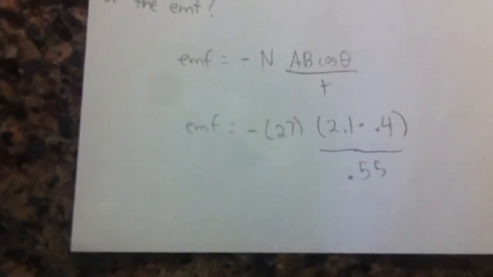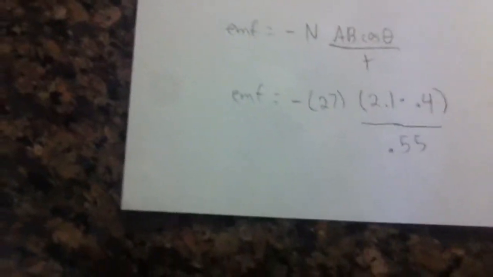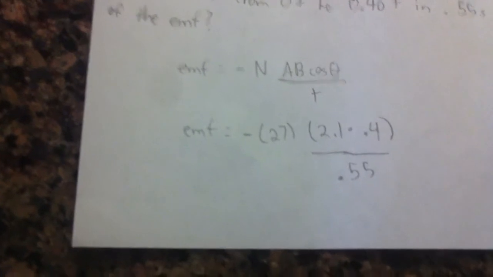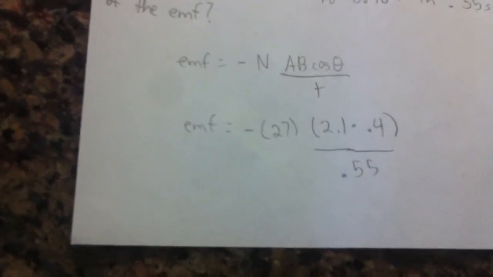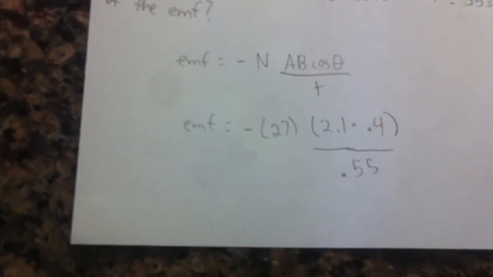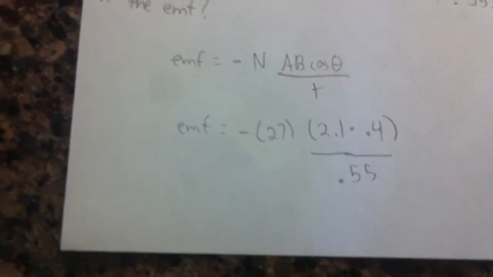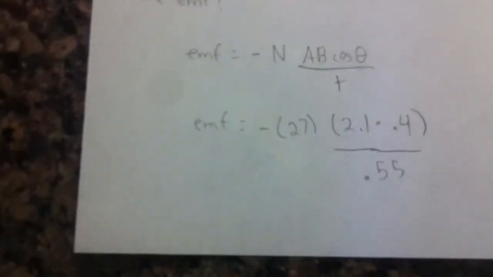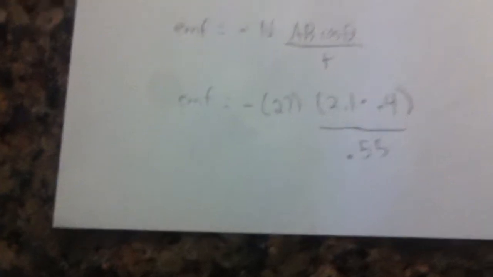So here all I need to do is get my trusty calculator out and calculate this. We have negative 27 times 2.1 times 0.4, and I get negative 22.68.